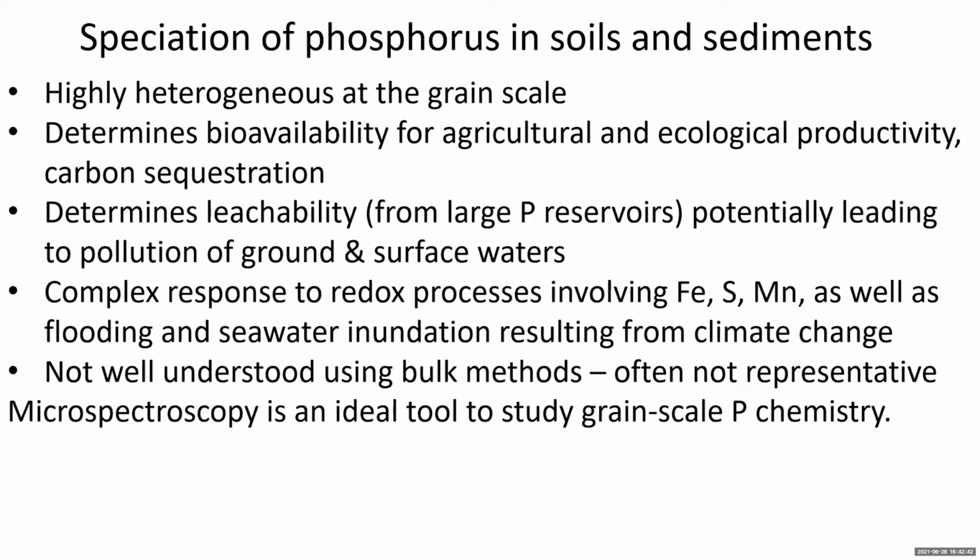These materials are not really well understood using bulk methods. Bulk measurements are not representative of the important grain scale processes going on. So microspectroscopy is an ideal tool to study the grain scale phosphorus chemistry.